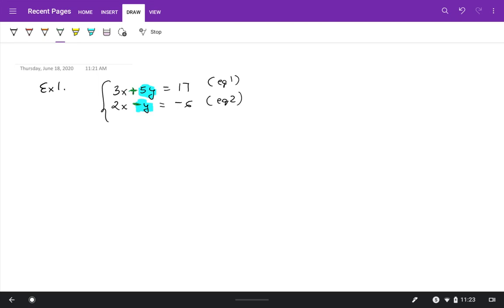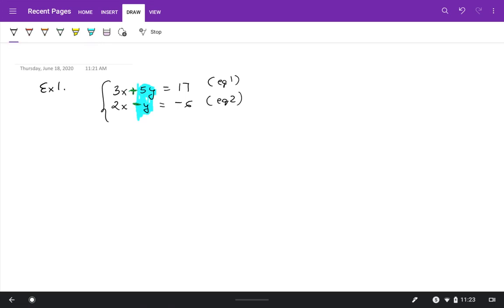So opposite signs, that's what you want to have. Now, it will be nice to have negative 5y in the second equation, so when we add the equations together, they will cancel.